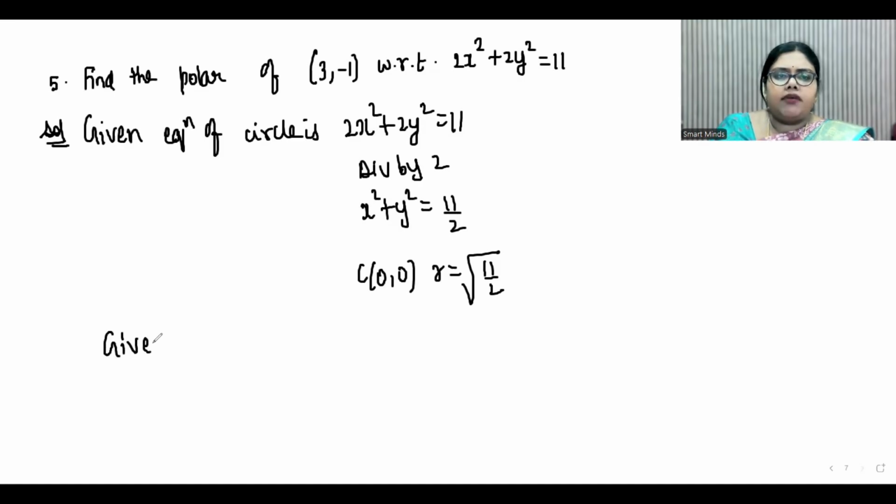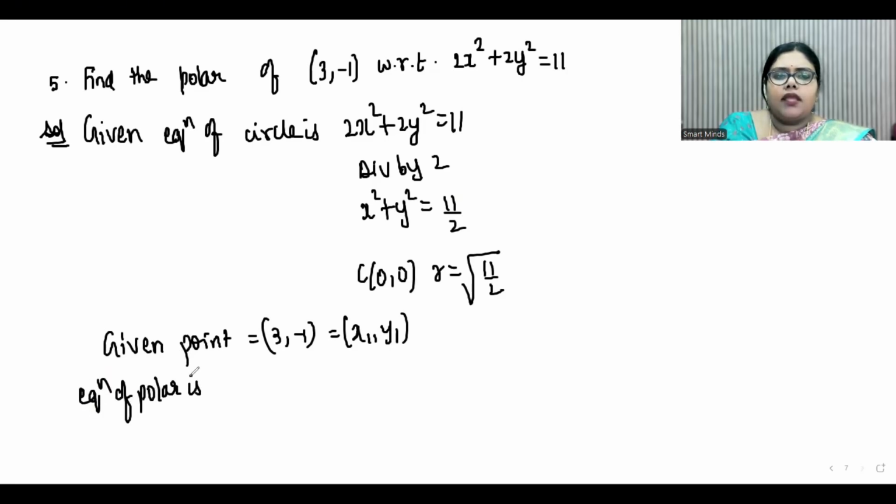Now what is the given point? Given point is 3 comma minus 1. That is x1 comma y1. Now equation of polar is S1 is equal to 0. S1 is equal to 0 means x x1 plus y y1 is equal to 11 by 2.